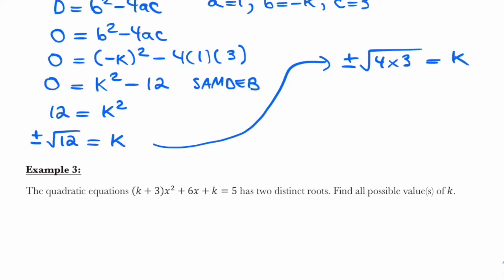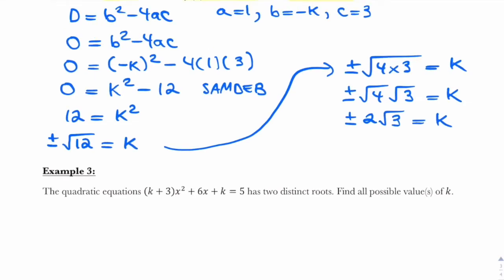The root of a product is the product of the roots, which I'll write out right here. Okay, we can square root 4, that's going to give us exactly 2. We can't square root 3, so just leave it as root 3. And that's going to be your simplified final answer.